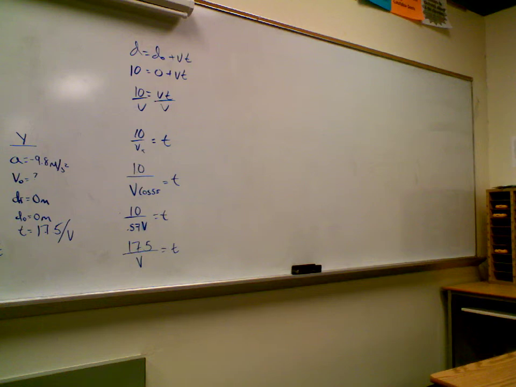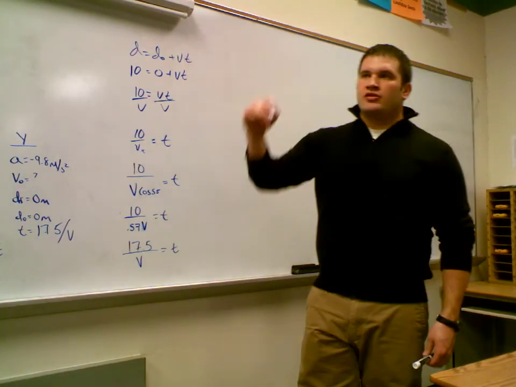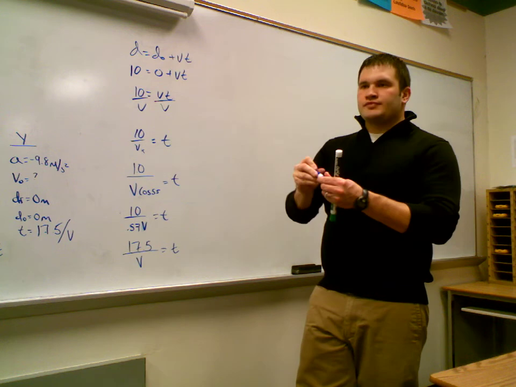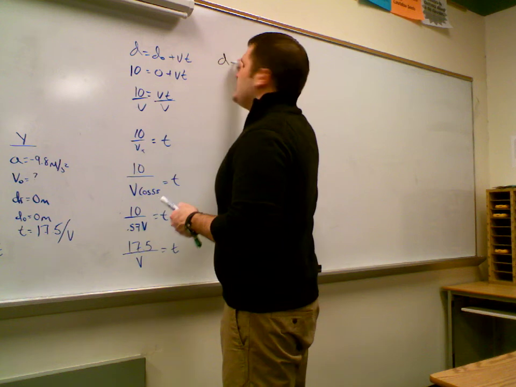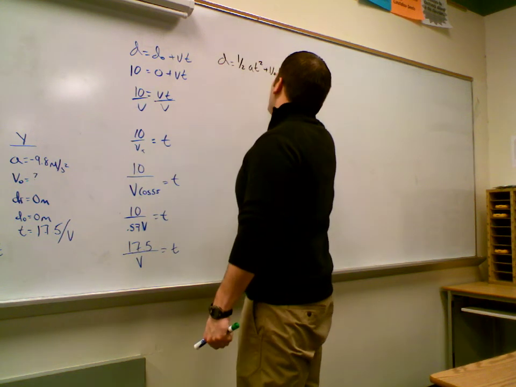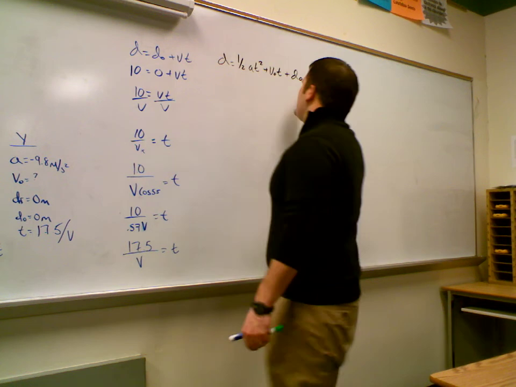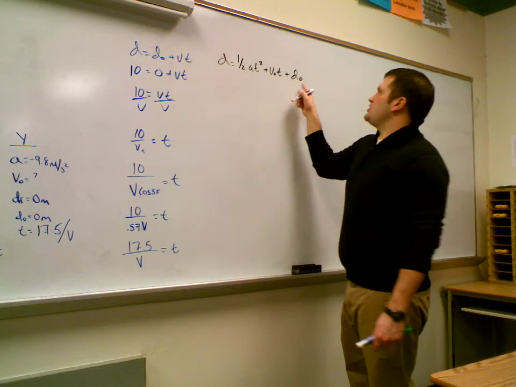So now I can take that and plug into equation 3 from over there. Equation 3 says d equals 1/2 at squared plus v naught t plus d naught, right? What are these two d's?